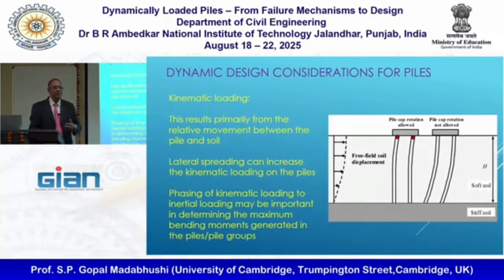That will happen maybe after the earthquake is finished or at least some time after the earthquake has started, right? So the kinematic load and the inertial load may not be in phase. They may be out of phase. So you should not again simply take peak inertial load, peak kinematic load and add them together. That is probably too conservative because they may not happen at the same time. But if you want to be conservative, you can do just that.